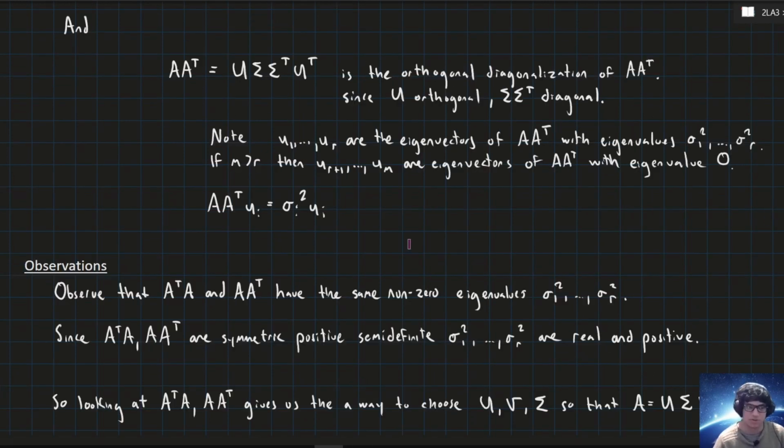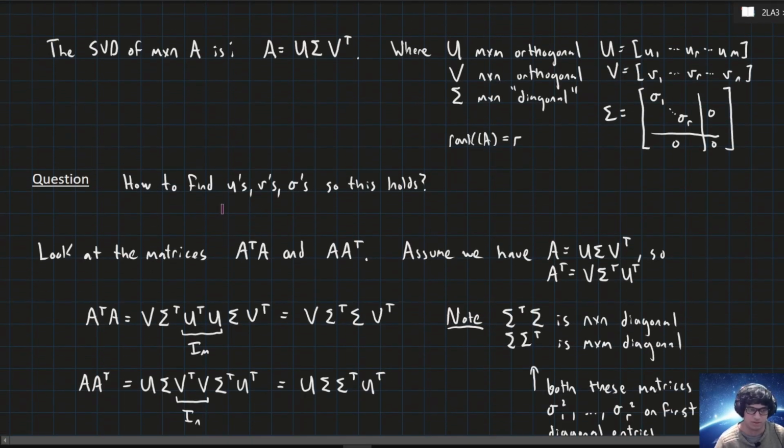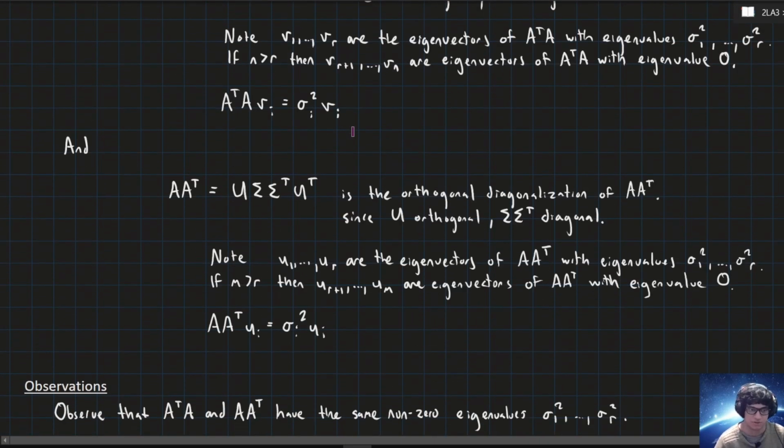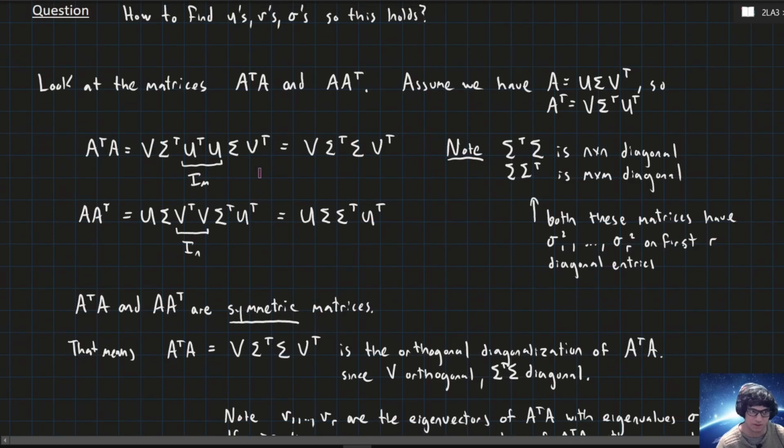So what does all this mean? Remember, we're looking for these u's, v's, and sigmas that will make our SVD work, right? So this is telling us where to find those u's, v's, and sigmas. They're hidden in these matrices.